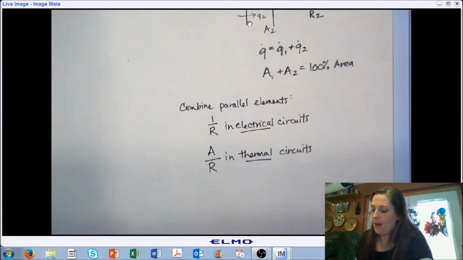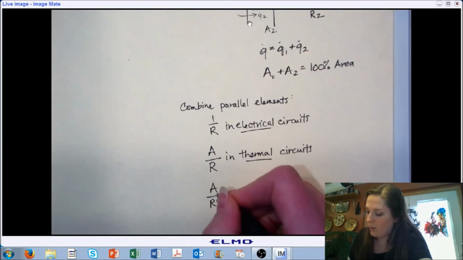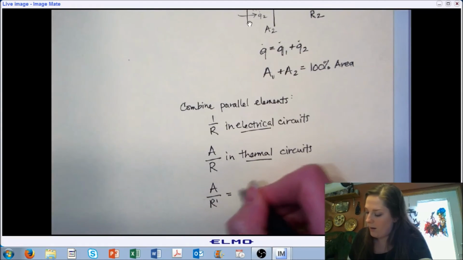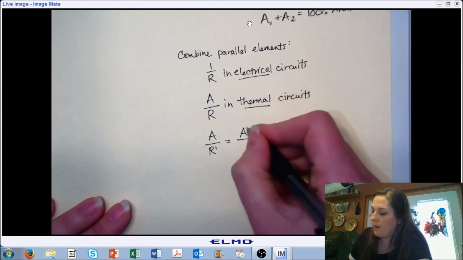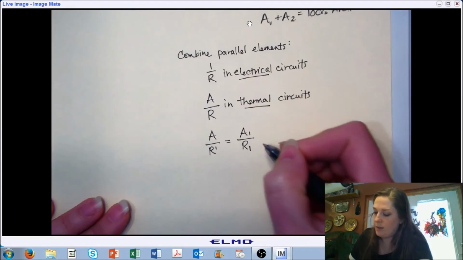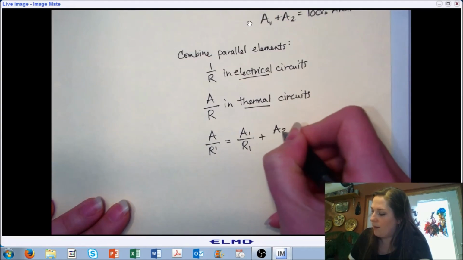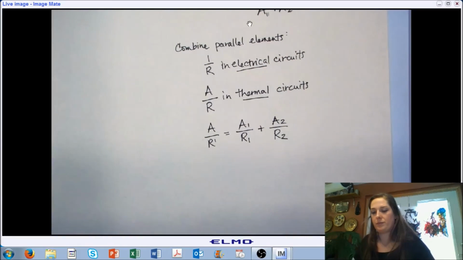So you've got to make sure you have that A term in there. So the total surface area over the combined R is equal to the area of path 1 over the resistance of path 1 plus the area of path 2 over the resistance of path 2.